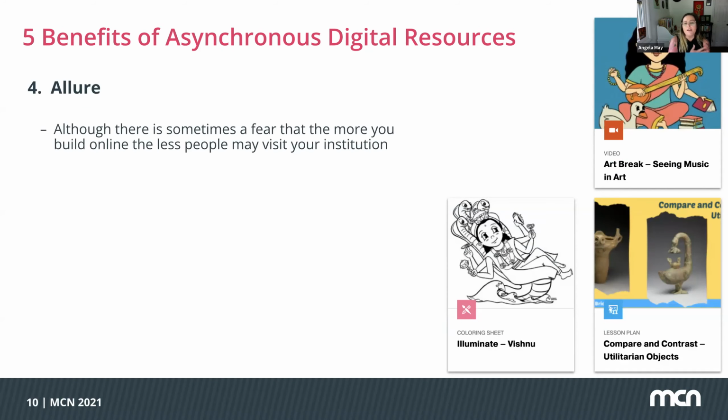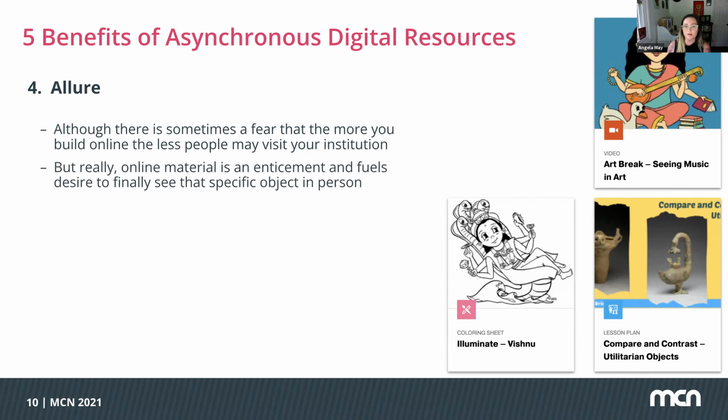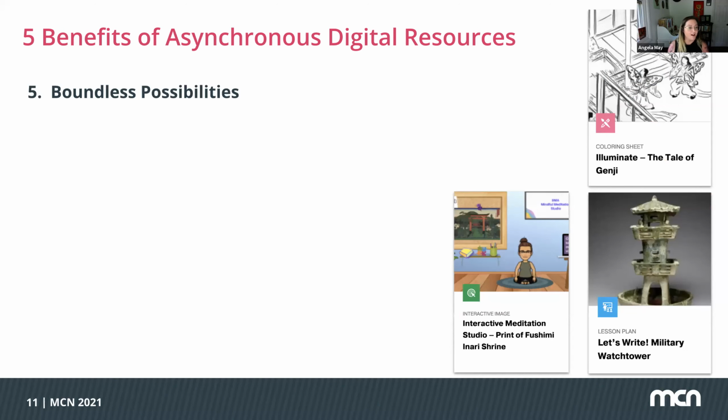Number 4 is allure. So I know that there's this ongoing fear that the more you build online, the less people may visit your actual institution. But I think we've really all come to the same idea that online material is an enticement, and it fuels desire to finally see that specific object in person. And number 5, which is my favorite, is boundless possibilities.